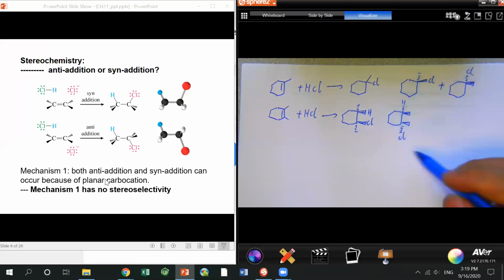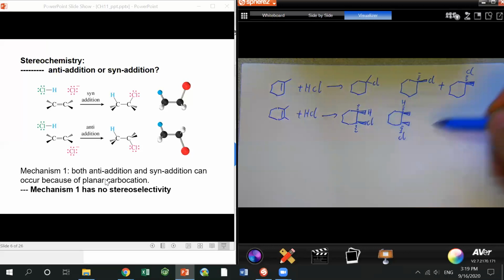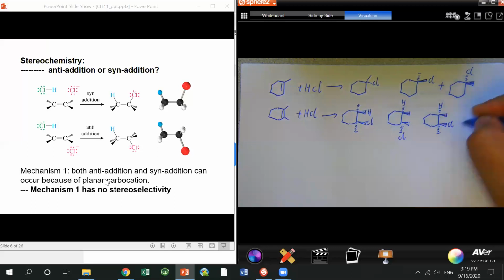So these pairs come from syn addition, HCl at the same side of the bond. Another pair is the anti-addition. So totally, all four possible products.